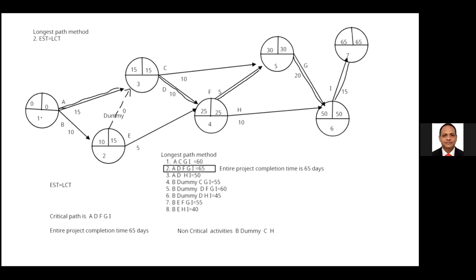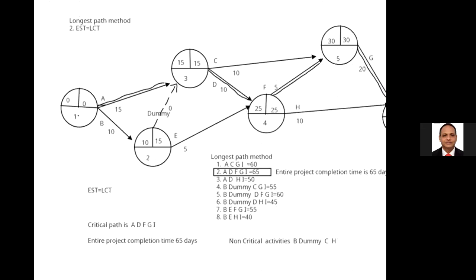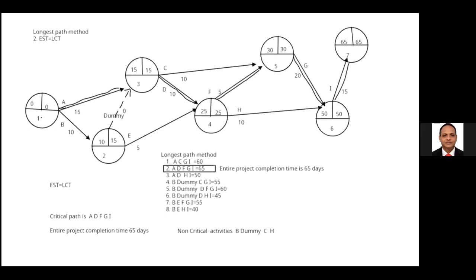Okay, I understand that you understood everything, but I have one question. When you complete the entire project, you need to complete all the activities. Don't misunderstand that it is only the critical ones. We should complete A, B, C, D, all of them.